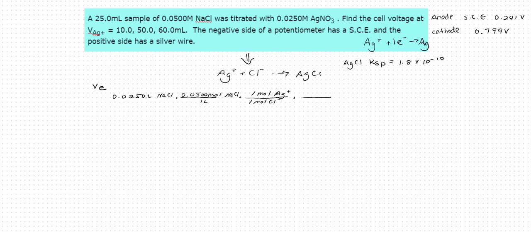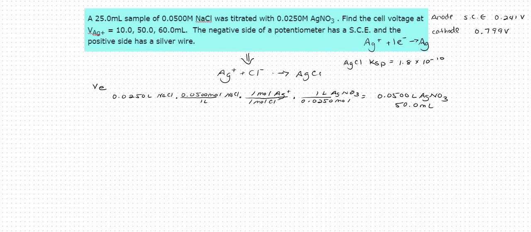And the solution of silver nitrate that I have is 0.0250 moles per liter. Therefore, our equivalence volume is going to be 0.0500 liters of this silver nitrate solution, so 50 milliliters.